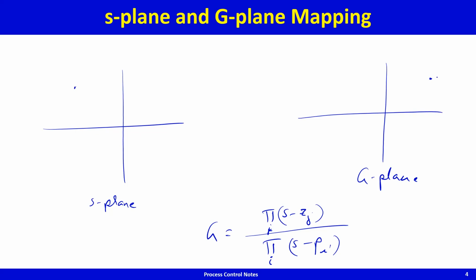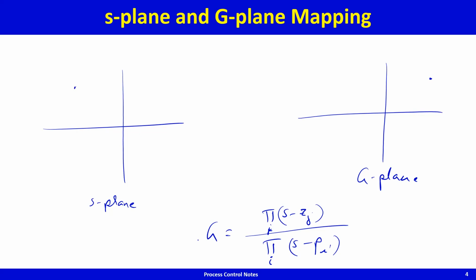Notice that for real systems, the order of the numerator will usually be less than the order of the denominator. It certainly cannot be greater than the order of the denominator. So if the order of the numerator is less than the order of the denominator, then one can see that if S becomes large, G goes to 0.